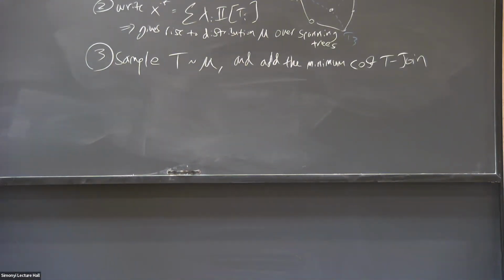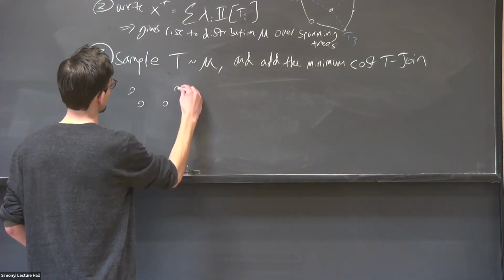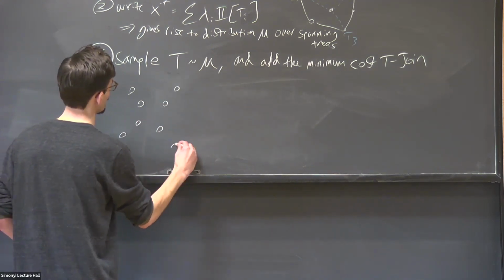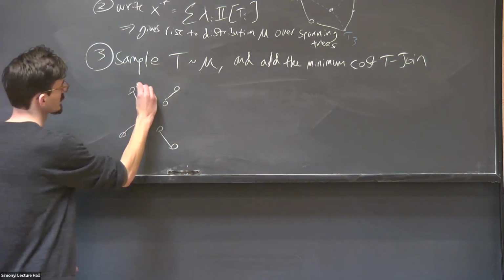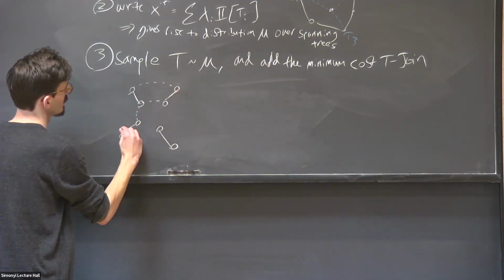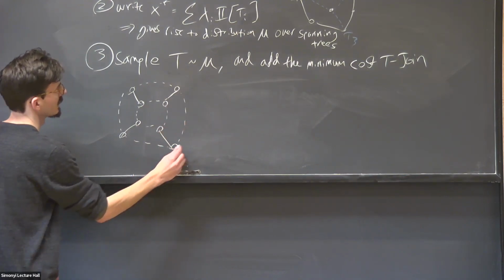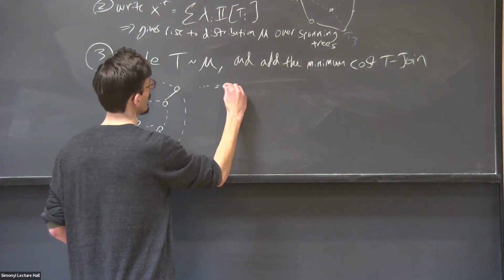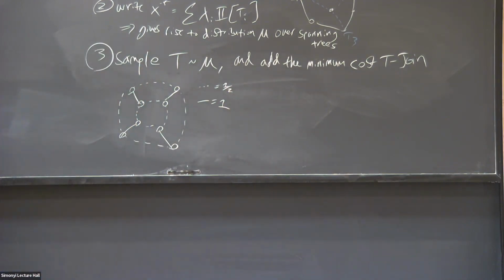Unfortunately, it does not do better. So here's an example. Again, this is going to be a shortest path metric graph. And again, the dotted edges are equal to 1/2 and the solid edges are equal to 1.